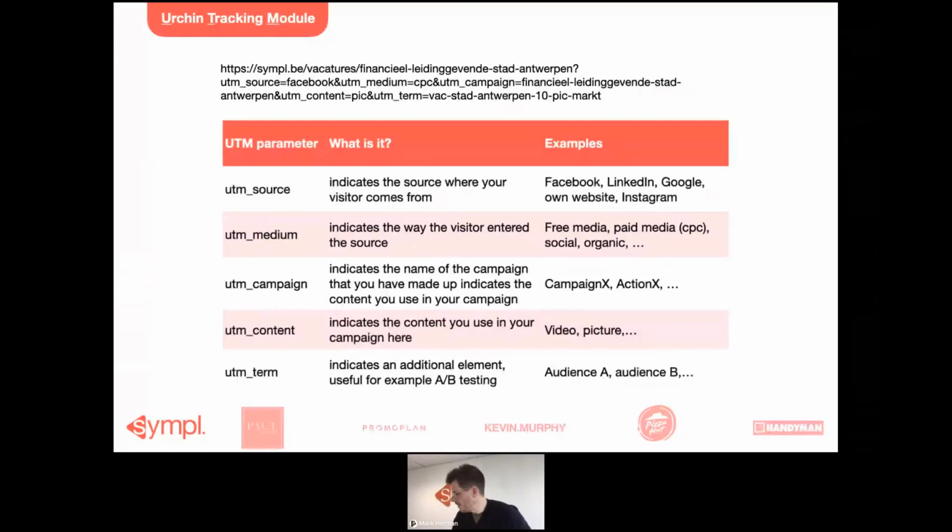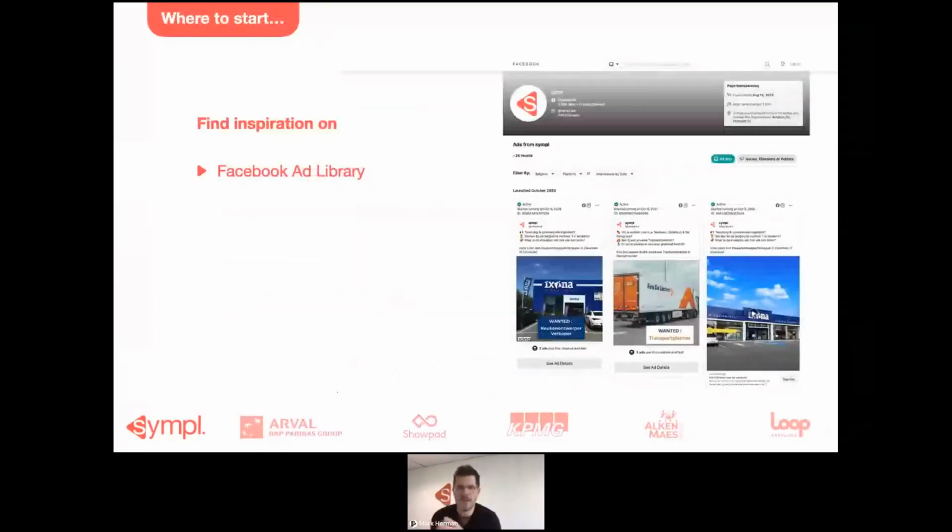Let's make this a bit more interactive. Let's assume you have an idea of a campaign, you know what your objective is, you know your target audience, and you know how you want to set up your whole campaign structure. But you need a bit of creativity, some insights, some inspiration, so to say, on what visual you're going to use.